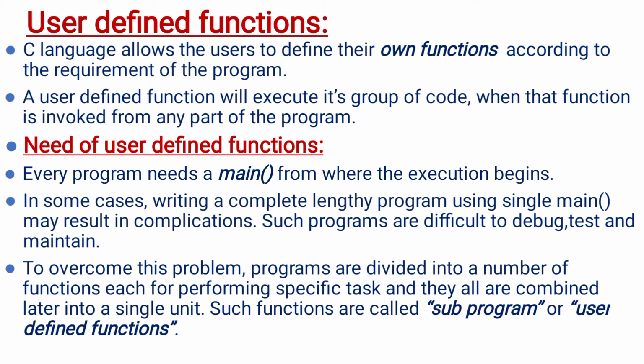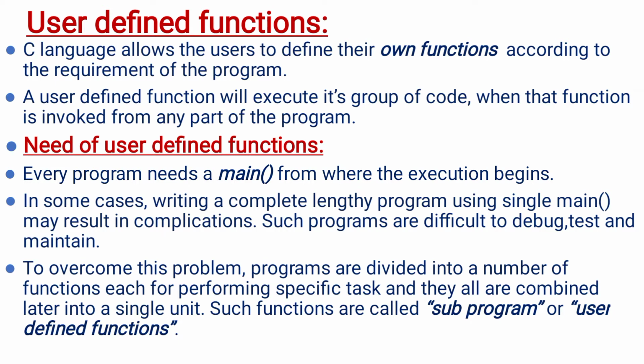So, to overcome the problem of program complexity, a lengthy program, and difficulty in debugging, testing and maintaining, the programs are divided into a number of functions. Each and every function is used to perform a specific task.